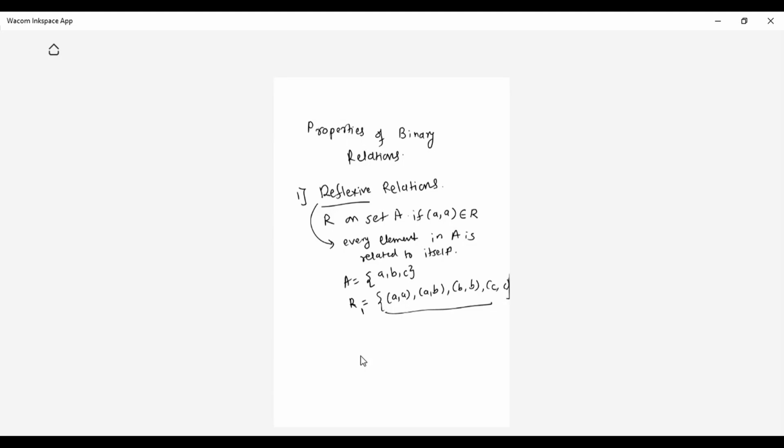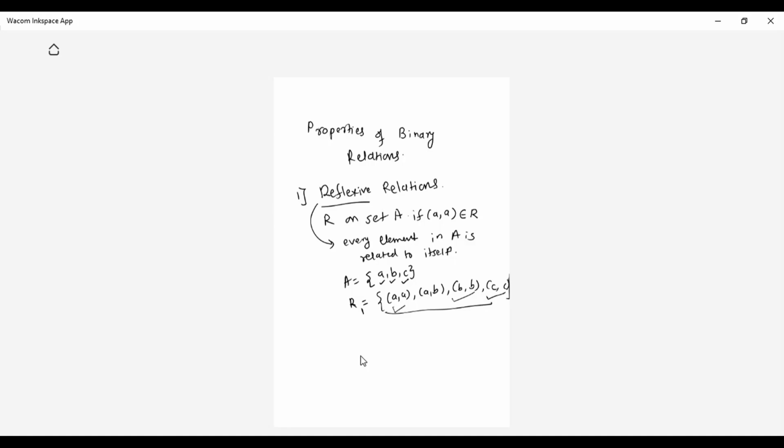Each and every element in set A, a, b and c, should be related to itself. Here, a is related to a, yes. b is related to b, yes. c is related to c, yes. So I can say this relation is reflexive.